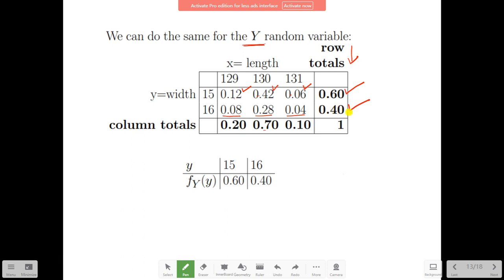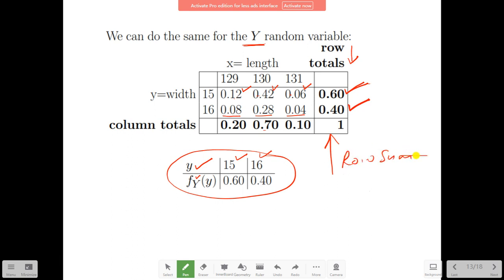So the distribution function for the random variable y, the width, which is 15, 16, is 0.60 and 0.40, that is the row sum or row total.